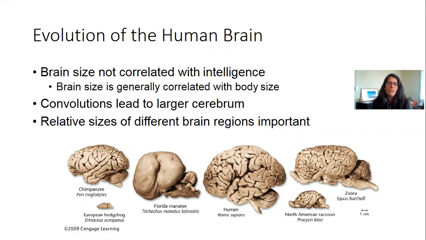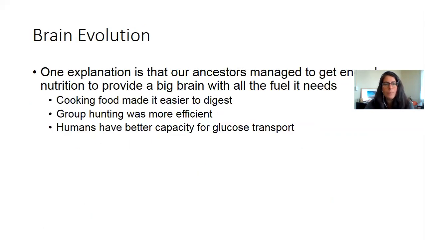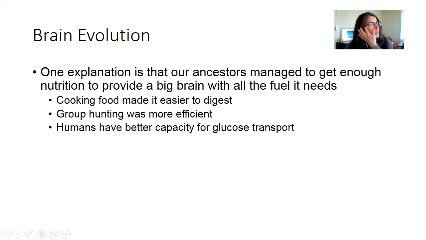And again, there's this relationship between the cerebrum and intelligence. It's the relative sizes of different brain regions that are important. And for intelligence, the cerebrum is related. Okay, so one of the explanations for the ability of human beings to evolve a brain of our size is the fuel that it needs.